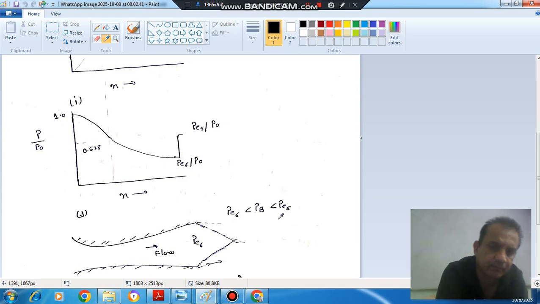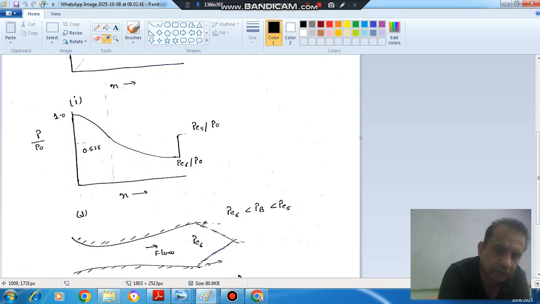Back pressure is the pressure which is in our hand. We control the back pressure, and these pressures PE6 and PE5 are the exit pressures of the nozzle. So here back pressure was PE5. Now we are reducing the back pressure below this PE5, but the exit pressure will remain PE6, and the shock will take place here, so that it will become equal to PB, because PB is greater than PE6 here.